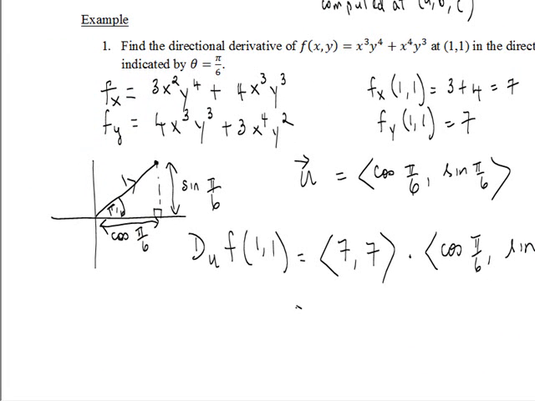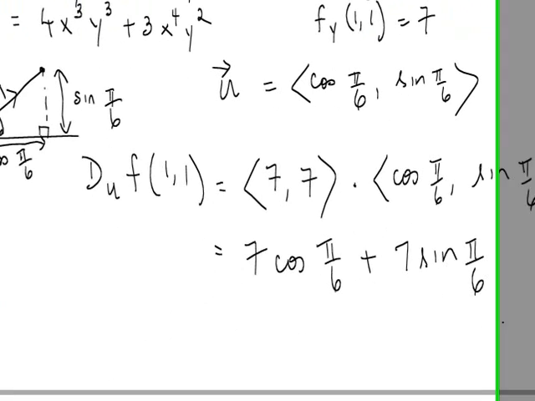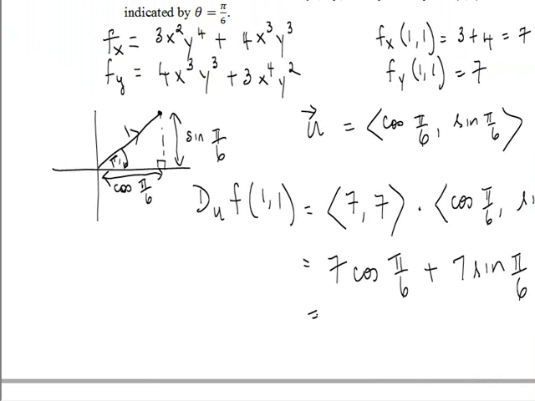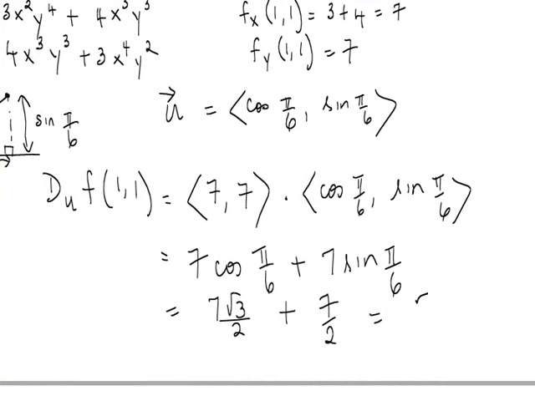The dot product is 7 cosine pi over 6 plus 7 sine pi over 6. Cosine pi over 6 is root 3 over 2, so that's 7 square root 3 over 2. Sine pi over 6 is a half, so 7 over 2. That leaves us with 7 times (square root 3 plus 1) over 2. And that's it. Leave your answer in terms of radicals, okay? Don't round it off. Let's be as accurate as possible.